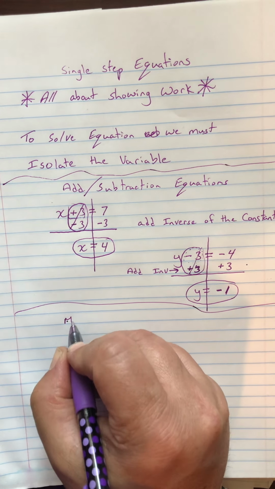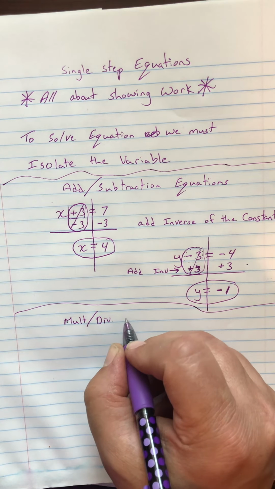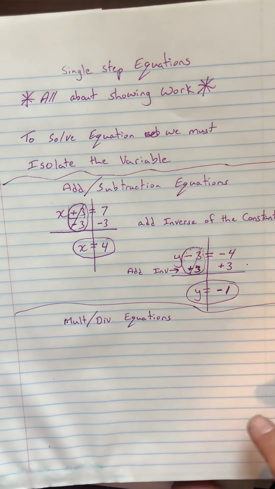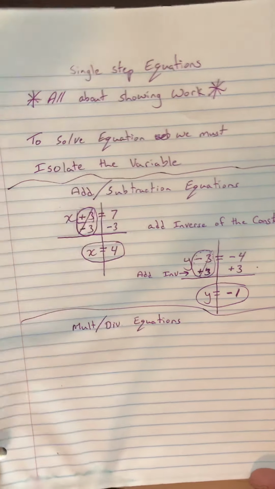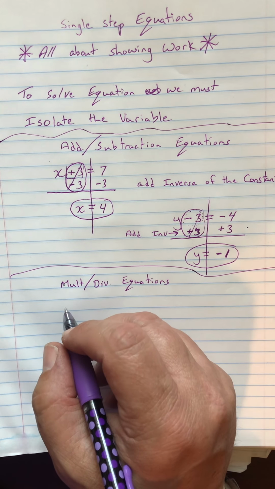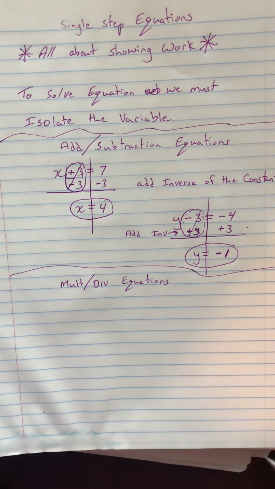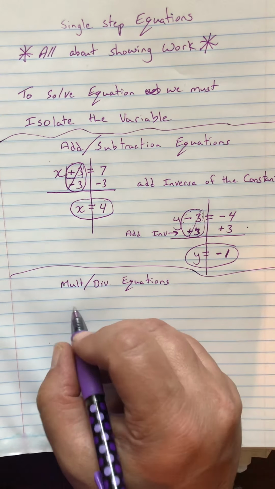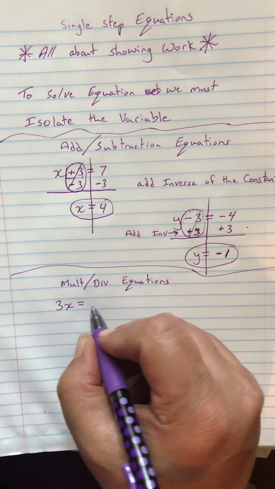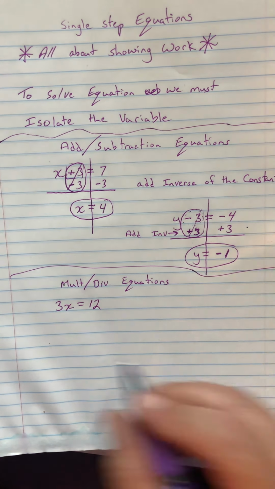Now let's do our multiplication and division equations. Now these are problems that have coefficients. Okay, we are always going to do the opposite again, inverse is opposite of what they're telling us to do. So if I have 3x equals 12, again, answer's 4, big deal.